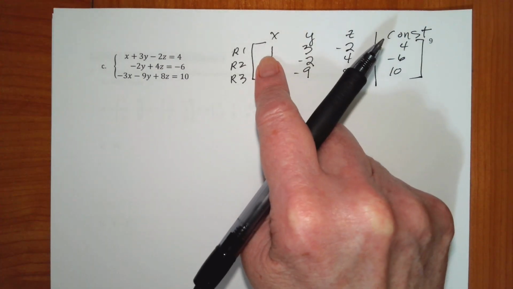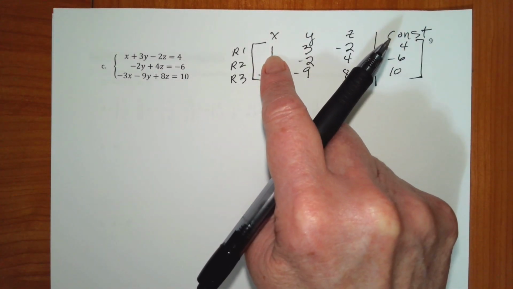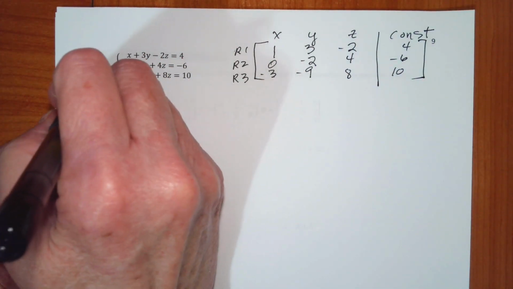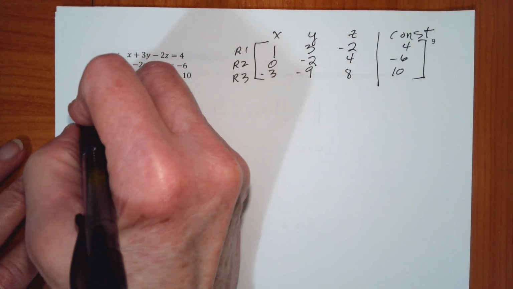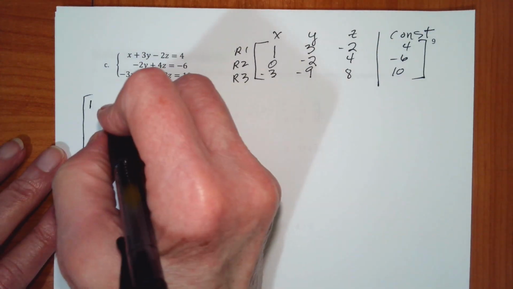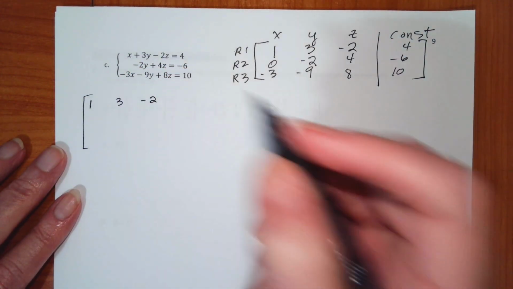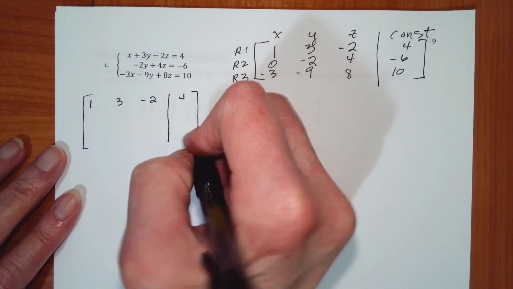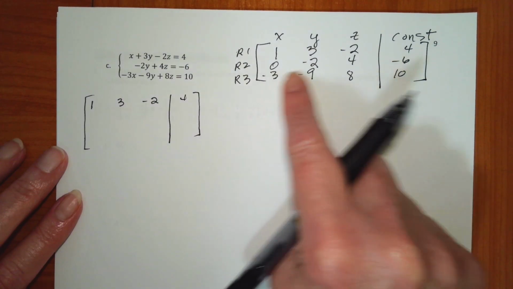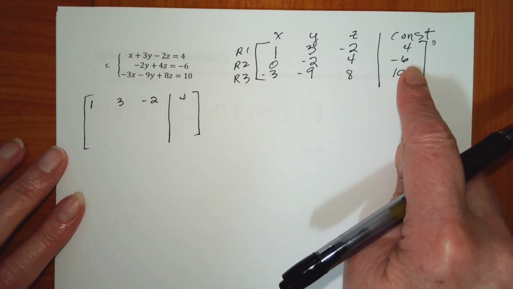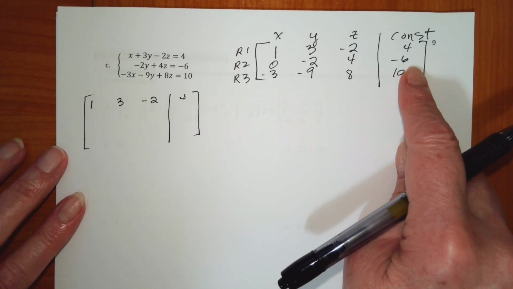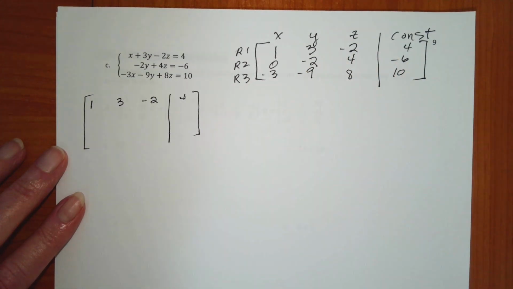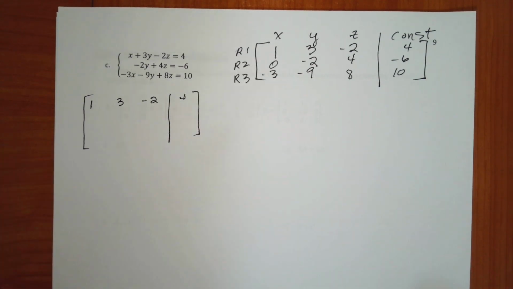Okay, so R1 already has the 1 here, so I don't have to do anything with it. So in my next iteration, I'm going to have 1, 3, negative 2, 4 in my first row. Now, row 2, well, I want a 1 here, but let's do it one step at a time.